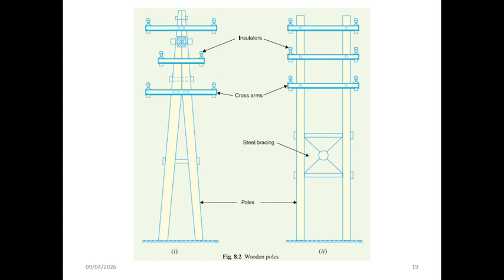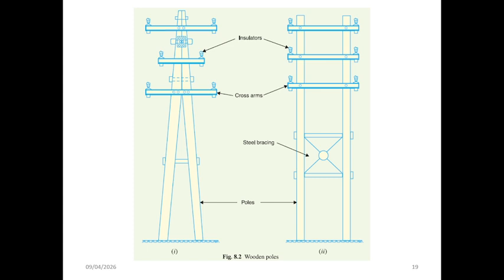Key components are highlighted, including the insulators, which support and electrically isolate the conductors, the cross arms, which extend horizontally to hold the insulators and maintain proper spacing between lines, and the poles, which serve as the primary vertical support.